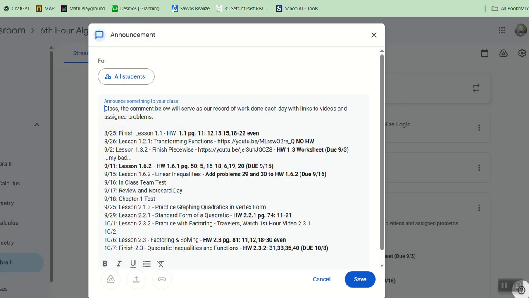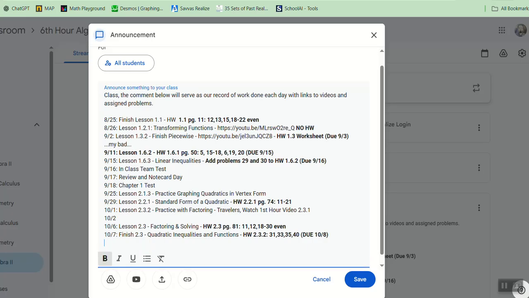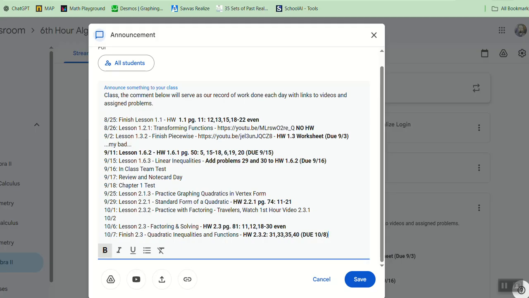Okay, so for tonight, and hopefully in class, realistically, and I'm here to help. We're in 6th hour. Strange. Today's the 7th. 2.3.2 you will find again on page 81.